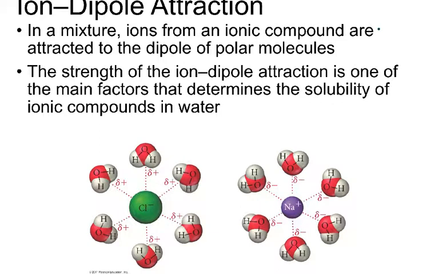We've talked back in Chem 103 about salts dissolving in water, and the strength of the interaction between the ions in the salt and the water is called ion-dipole attraction, and it helps determine the solubility of ionic compounds in water. So the more attraction there is between the dipoles in water and whatever charge is on the ions, the more soluble the compound is.